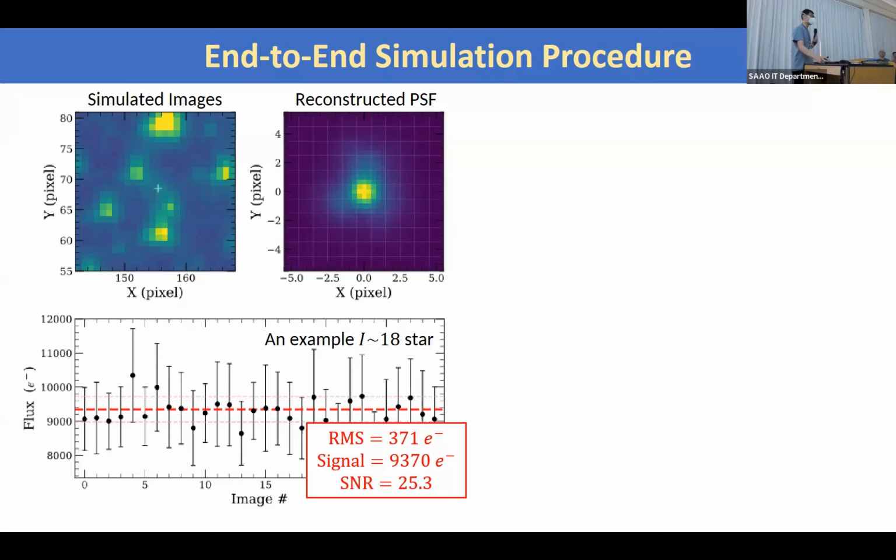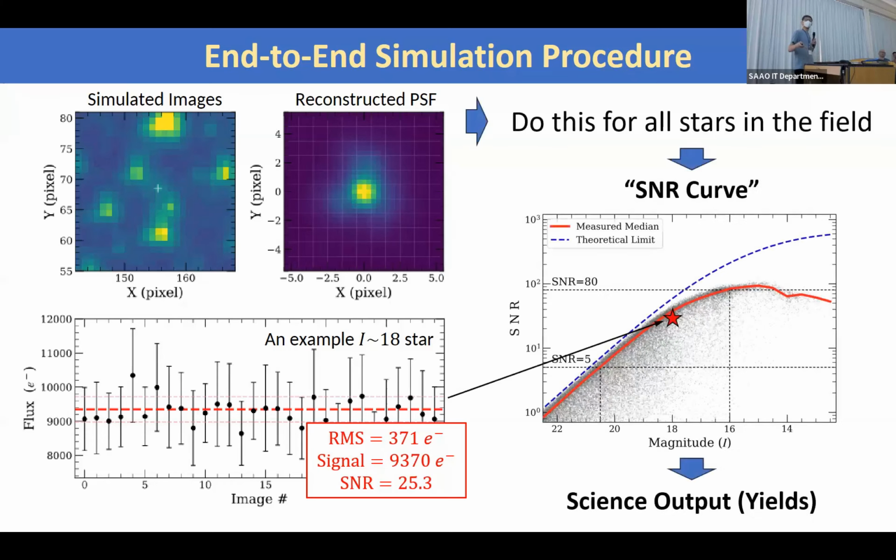So this provides a point on this signal to noise ratio curve. So the star is here. By doing this for all the stars in this field, you can see each black point here is a star. And we can finally get the sigma-clipped median value.